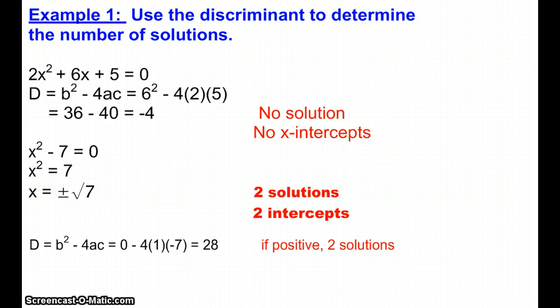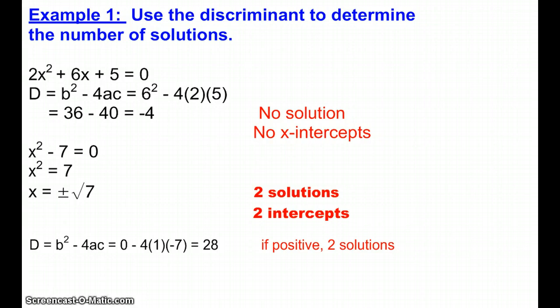The next one is a little simpler. It's x squared minus 7 equals 0. Okay? We can solve this very quickly using square roots to see that x equals plus and minus the square root of 7. So when you solve it, you see there are two solutions. We could have predicted this with the discriminant, b squared minus 4ac, because you see there's no x term in this equation.